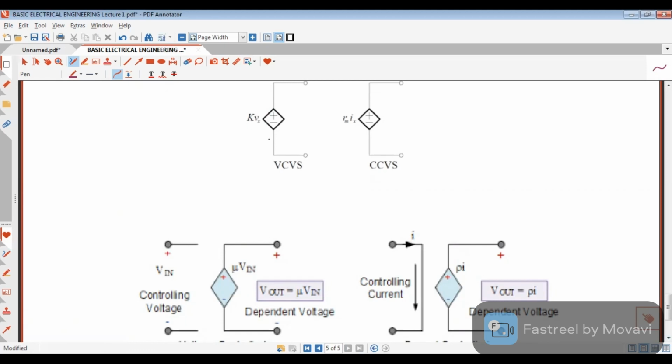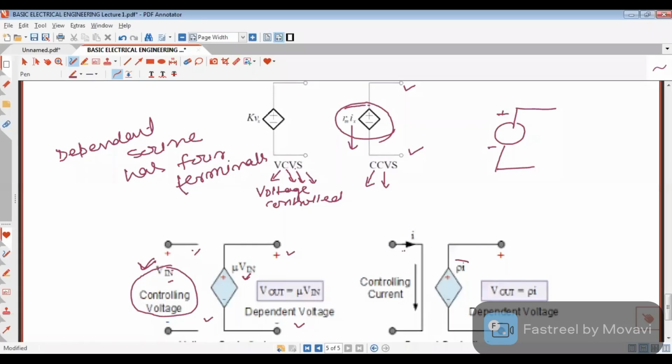So it is a voltage dependent voltage. This is a current controlled voltage source, meaning this voltage source is being controlled somewhere through the current. The source is voltage, but it is being controlled by the current.